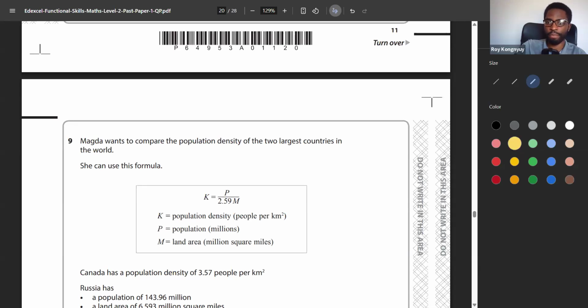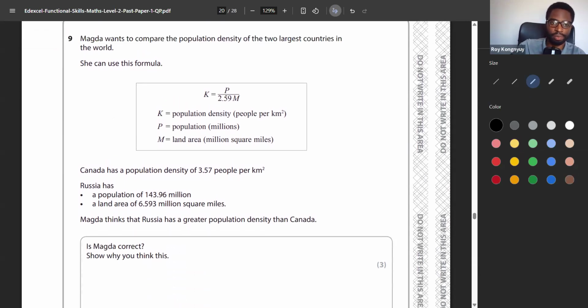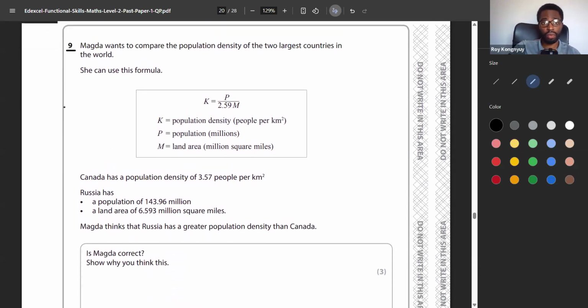Anyway, no questions. Let's move on to number nine. Magda wants to compare the population density of the two largest countries in the world. She can use the following formula. Here it is.